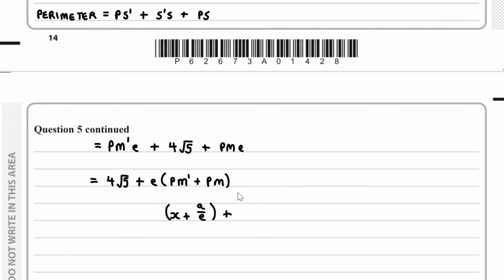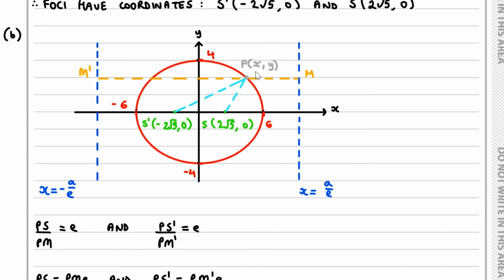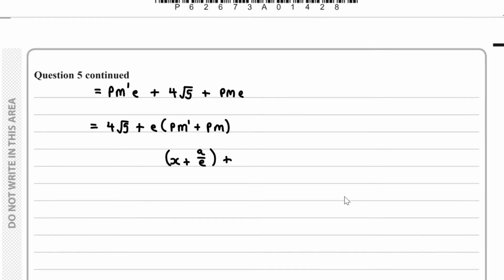And PM, well, from P to M, we're going from x to a over e, so that distance will be a over e minus x. So we've got e lots of this result, and then of course don't forget we need to add on the 4 root 5.